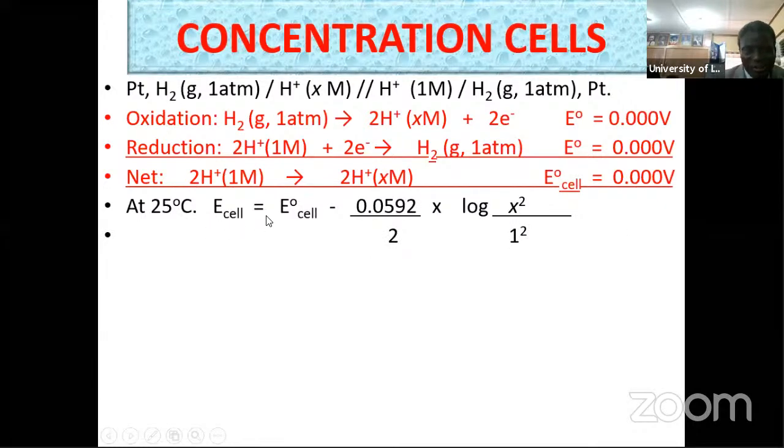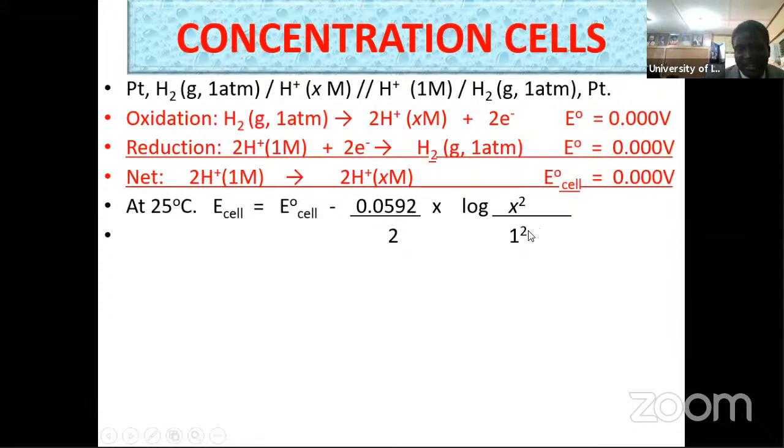Your E cell will be equal to E naught cell minus, we said the standard condition, then that will now be multiplied by, when you look at this, X squared. Concentration of hydrogen here squared, and concentration of hydrogen here squared, 1. This one is 1 squared.